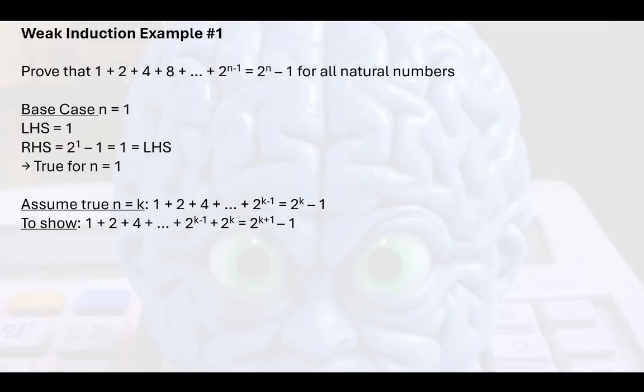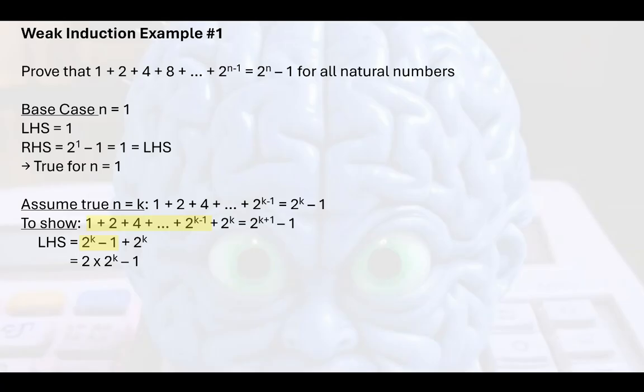Now again, very important, you do not get to work on both sides of the equals sign here. We have to say left-hand side equals something, and what I've done straight away is replaced this part of the left-hand side with this thing here. That was our inductive hypothesis from the line 'assume true'. Now we just need to have a sense of algebra, and we're keeping our eye on the prize.